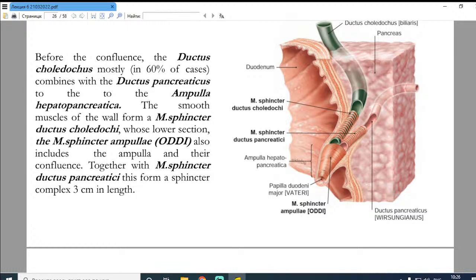The smooth muscles of the wall form the musculus sphincter ductus choledochi and musculus sphincter ductus pancreatici. They connect to the ductus and form the ampulla hepatopancreatica.